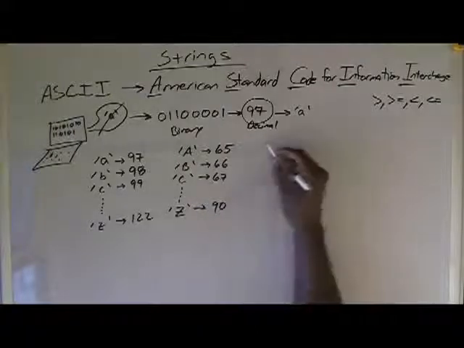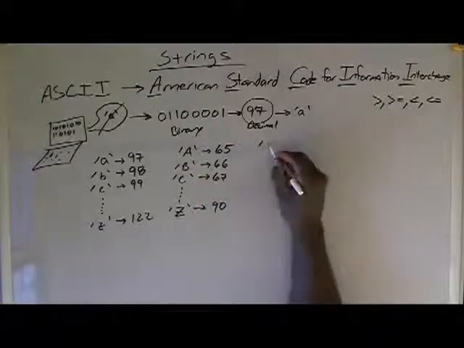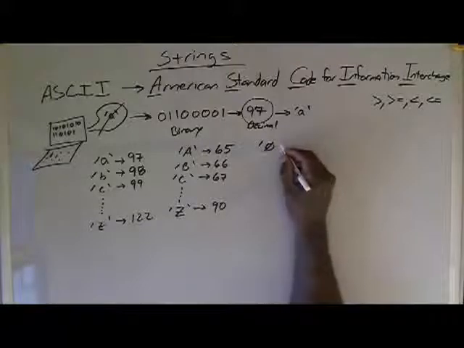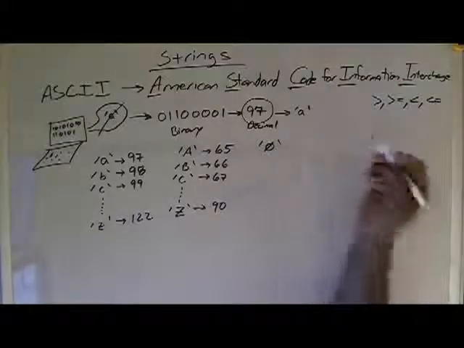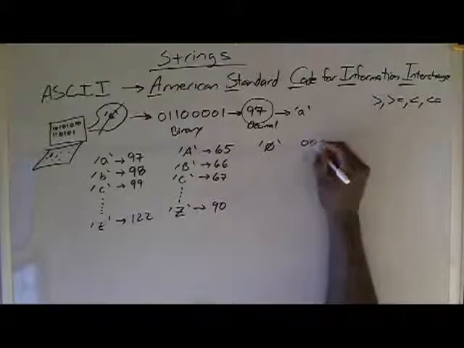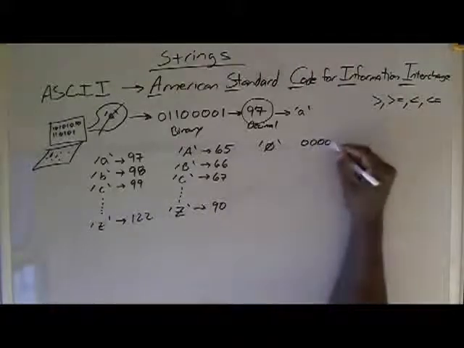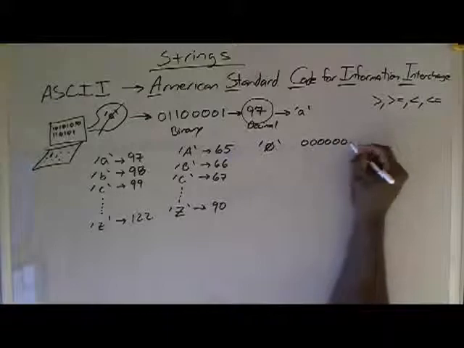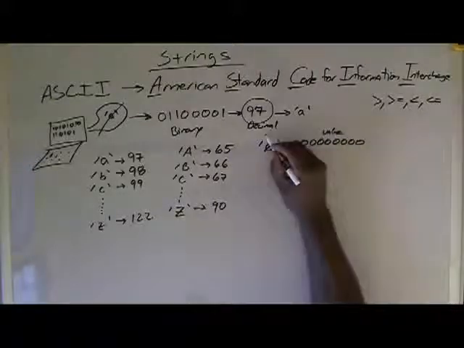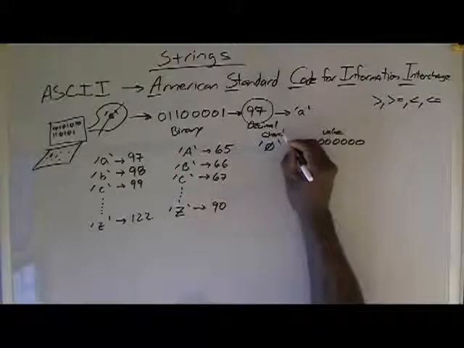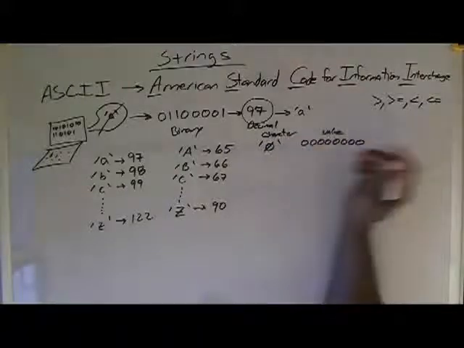If you look at a couple of other special ones, the digit 0. Keep in mind, the computer recognizes the value 0 as decimal zero, as binary 00000000. That's the value 0. But this is the character 0, the digit 0.